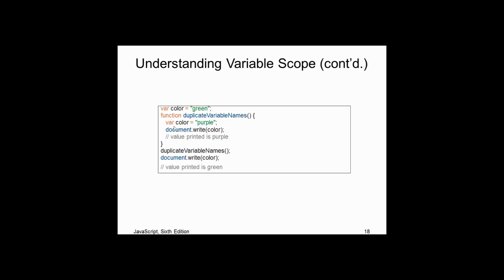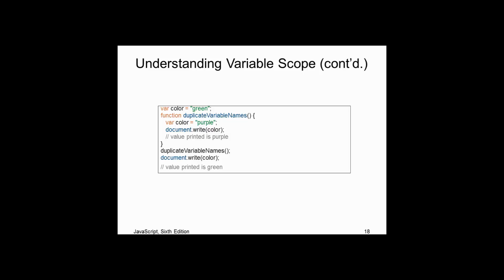What's this variable inside of the function? Local. So when we do a document.write color, which one was it called? Well, you see right here, the value printed is purple, which is the local. That's inside of the function. So when you're in the function, it's working with the local variable instead of the global.